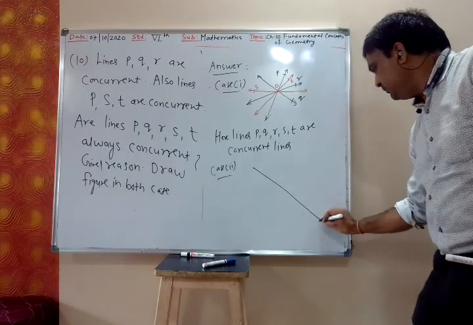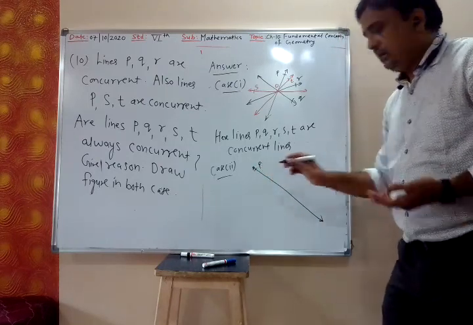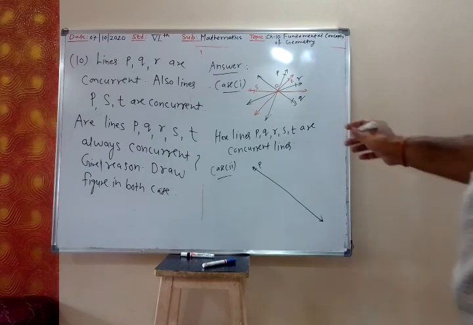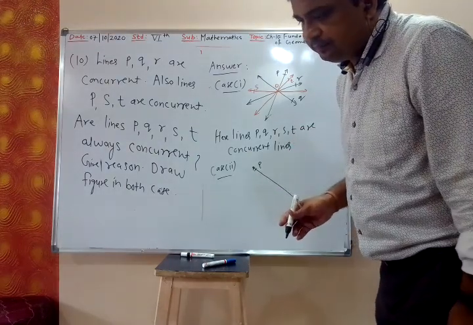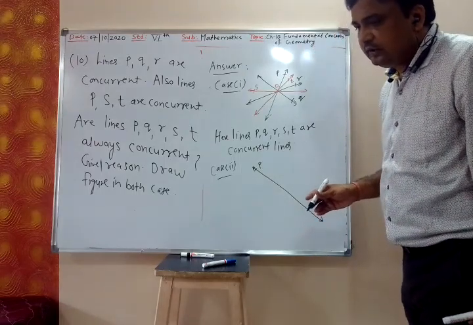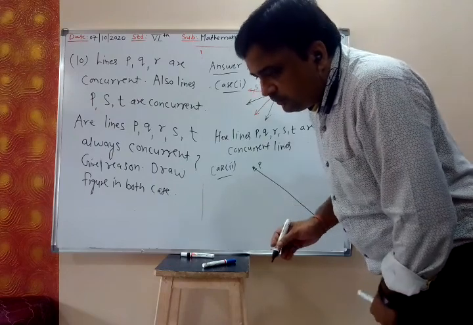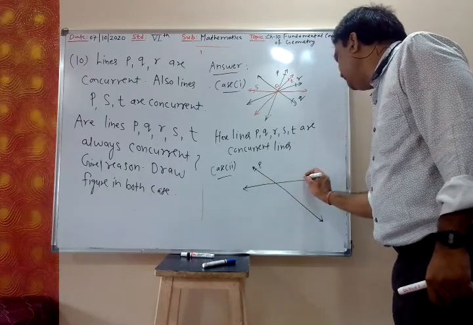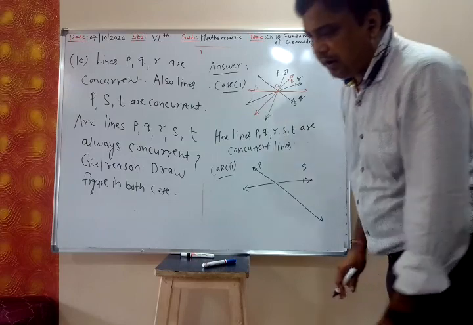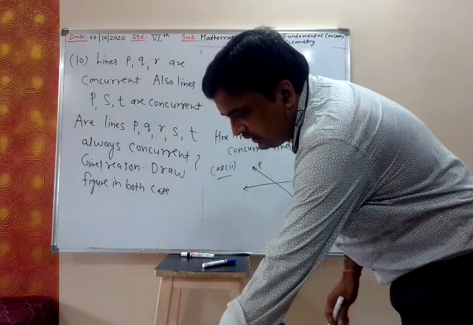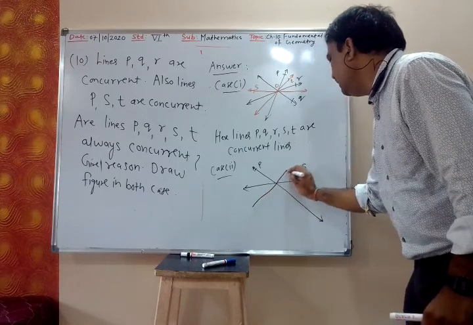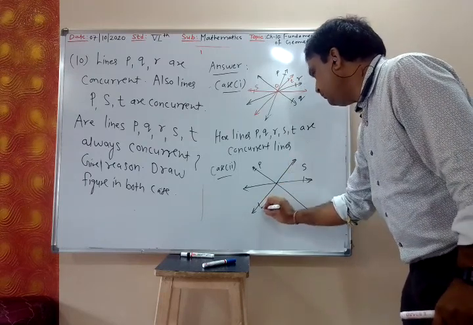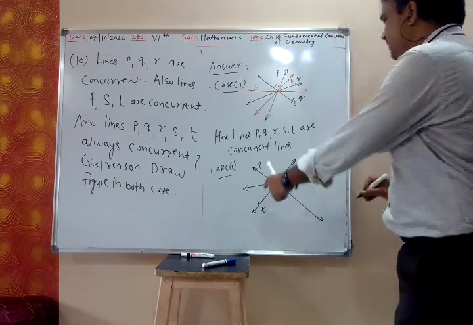Let us take this bigger line as P. Then we take another line, this is my line S. Then we take another line T. Now lines PST are concurrent because they meet each other at a single point.